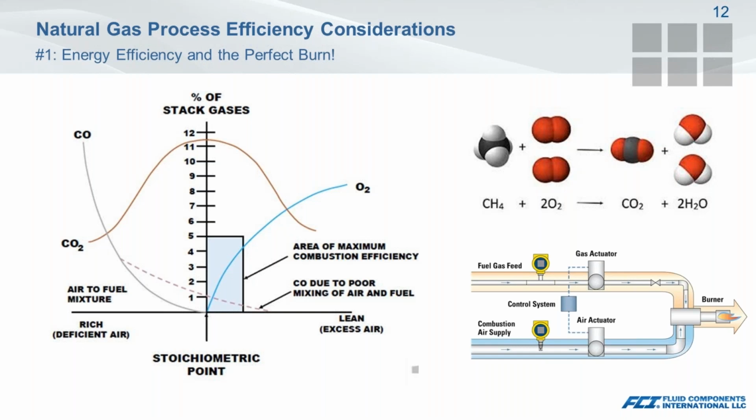Operation to the right of the stoichiometric point results in excess air, which is heated by the flame. This heat is carried out in the flue gas, resulting in efficiency loss. The excess oxygen also results in an increase in NOx production. So here, ideally, we're trying to get that efficient burn where we use all of our fuel and then we minimize our emissions.